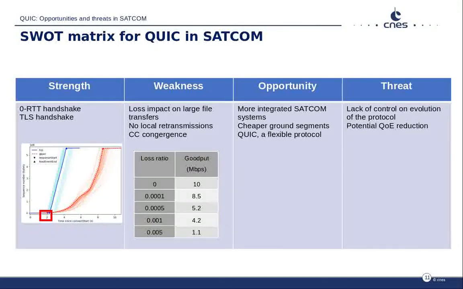That being said, with QUIC, ground segments are cheaper, and SATCOM systems might be more integrated, and we can tune QUIC to our use case because it is a very flexible protocol. And the threats we have identified is that we may not be sure to control how the protocol will evolve, and this may have impact on QoE in the long term.